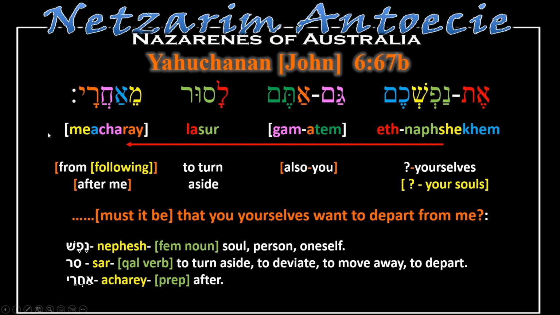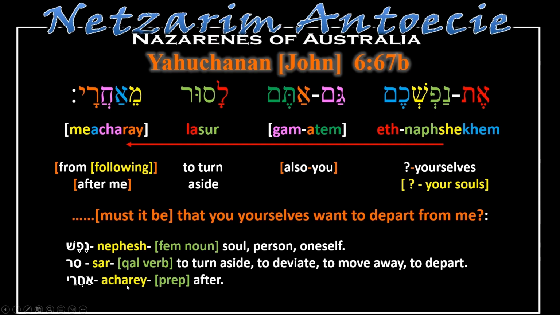And we have me'acharei. From, literally it means from after me, but to make it more understood, it's from following after me. Must it be that you yourselves want to depart from me? That's how it's translated. And we have nefesh, it's a feminine noun, it means soul, person, oneself.